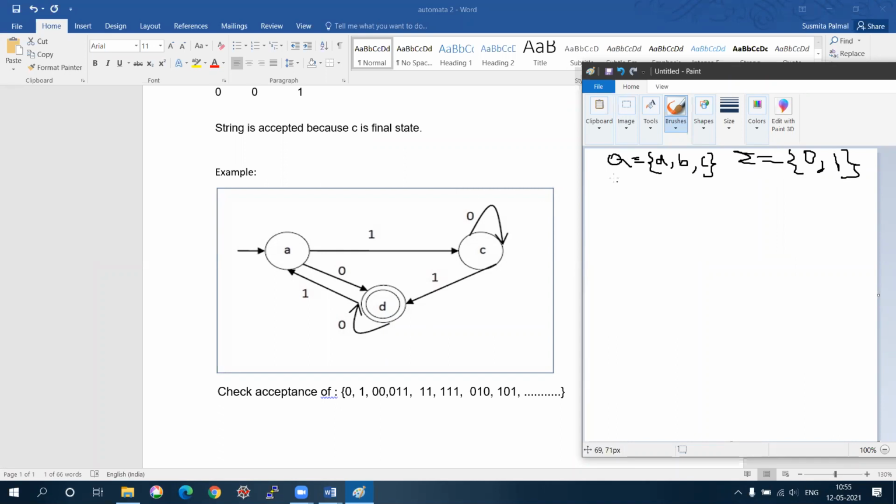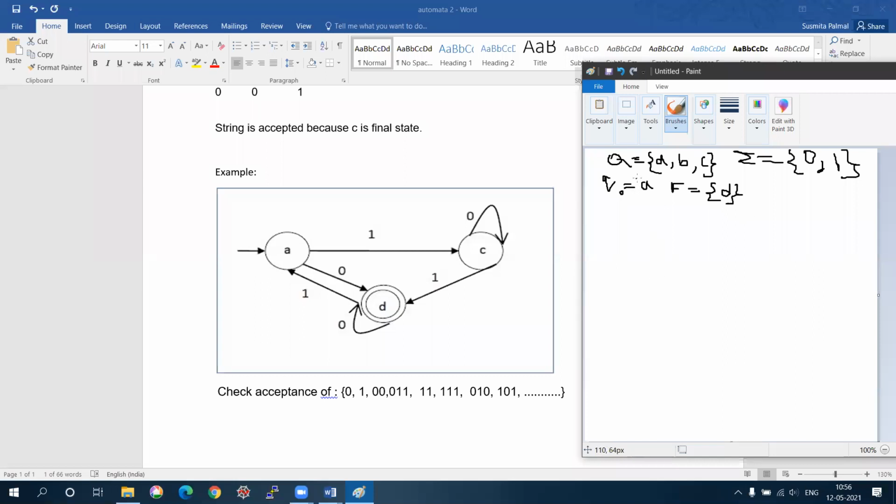And what are the transitions? The initial state q0 equals A, and the final state F equals what? D, because D is the final state, right? D is the final state.